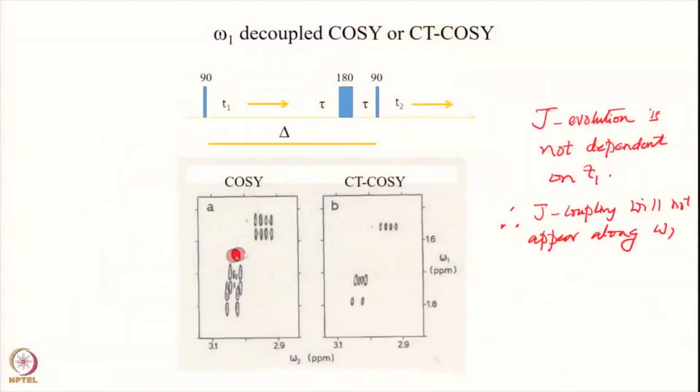This is an experimental spectrum to demonstrate that. Here is the normal COSY of a particular molecule; it does not matter what molecule it is. Here you are seeing a fine structure of a particular cross peak. Here also there is a fine structure, but notice there are 2 cross peaks here, overlapping on top of each other quite close, although we can see that they are different.